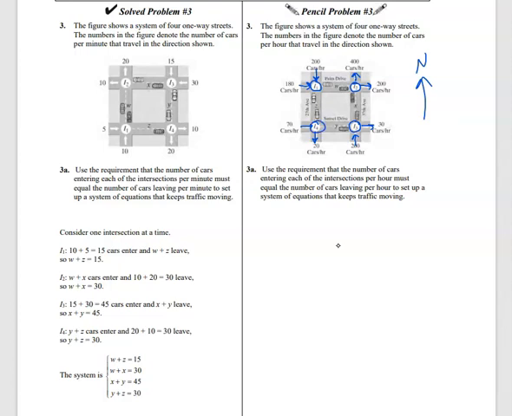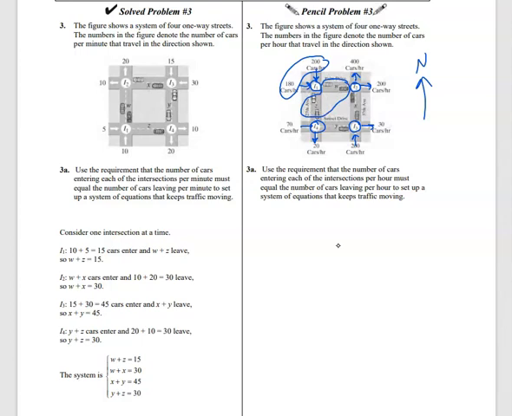And we're looking at traffic here, and something we could say about traffic patterns is that in each one of these intersections, the amount of cars that are coming in, which would be these cars, the ones that are coming in there, should be the same number of cars that are leaving. And so these cars over here are headed out of the intersection. These ones to the east, these ones to the south.